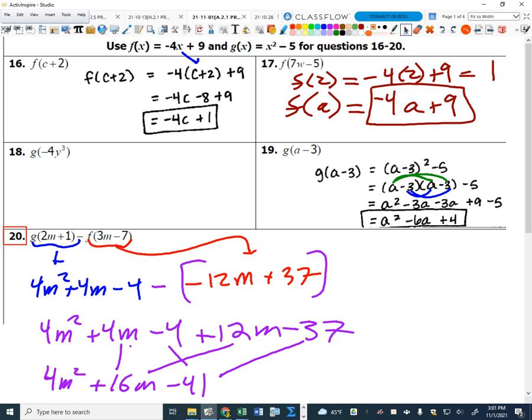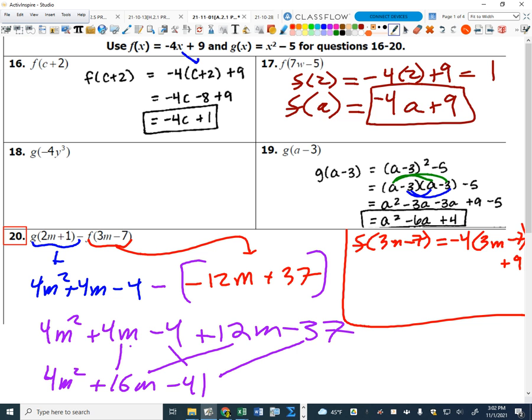So f of, I'm just going to put a box. We'll just kind of box this area off. So f of 3m minus 7 would equal negative 4 times the quantity 3m minus 7 plus 9.